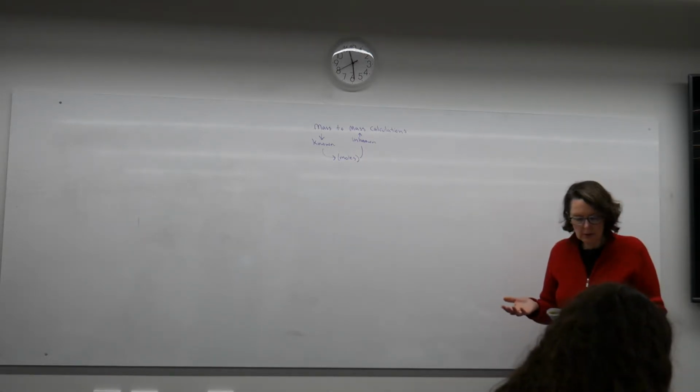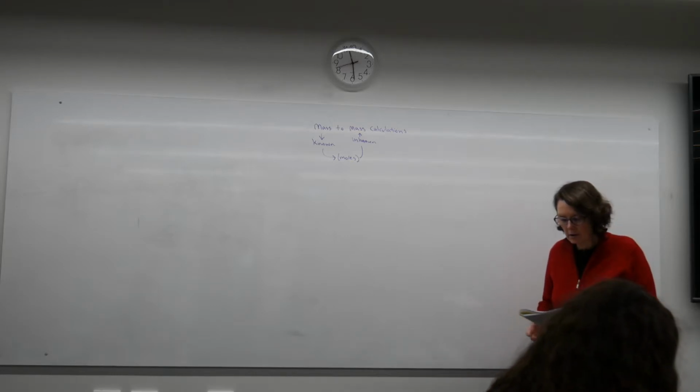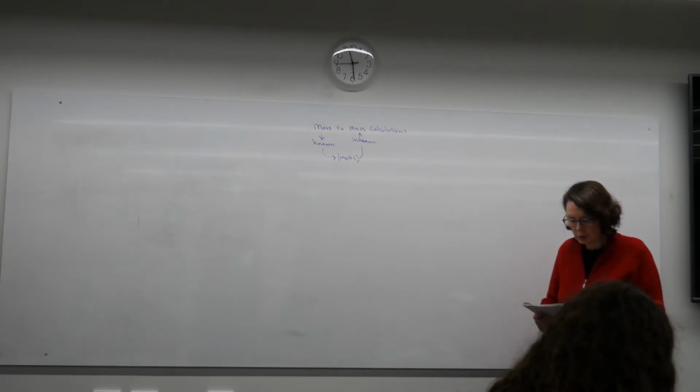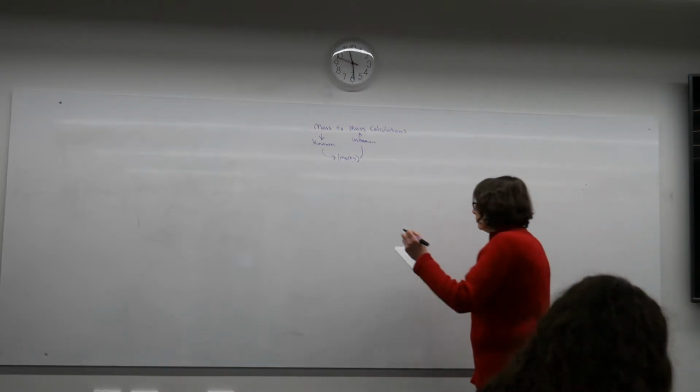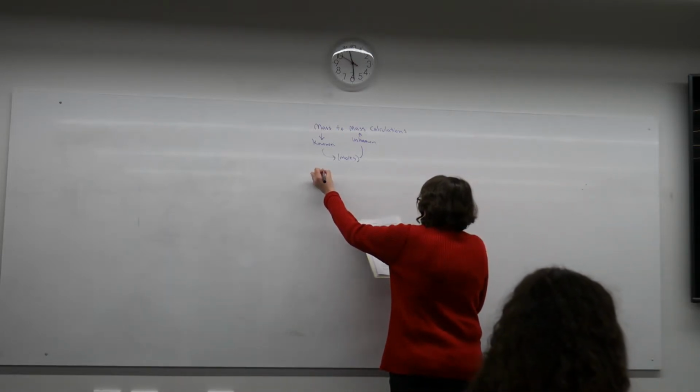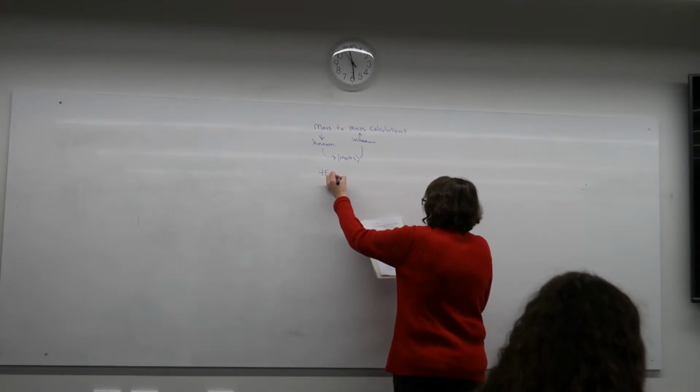So the example here is to calculate the amount of iron needed to react with oxygen to produce 3.5 grams of iron oxide. And we're given the equation, so we don't have to worry about balancing.